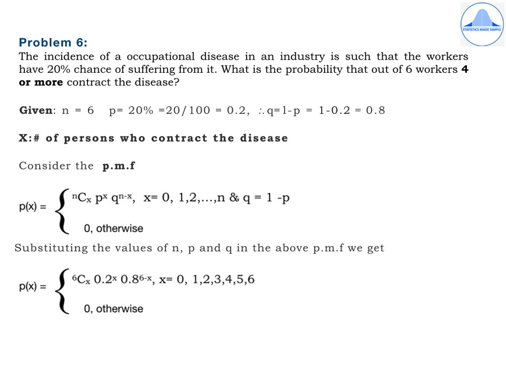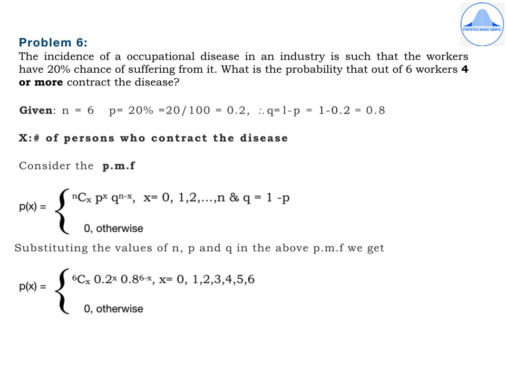The next step is to define capital X, which will be the number of persons who contract the disease. Now write the PMF of the binomial distribution: P of x equal to nCx p to the power x q to the power n minus x. X takes the value 0, 1, 2, so on till n, and q is equal to 1 minus p, 0 otherwise.